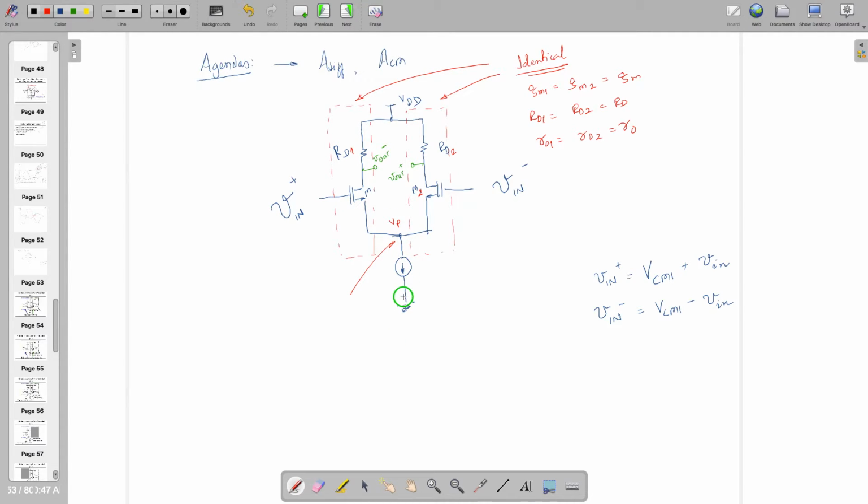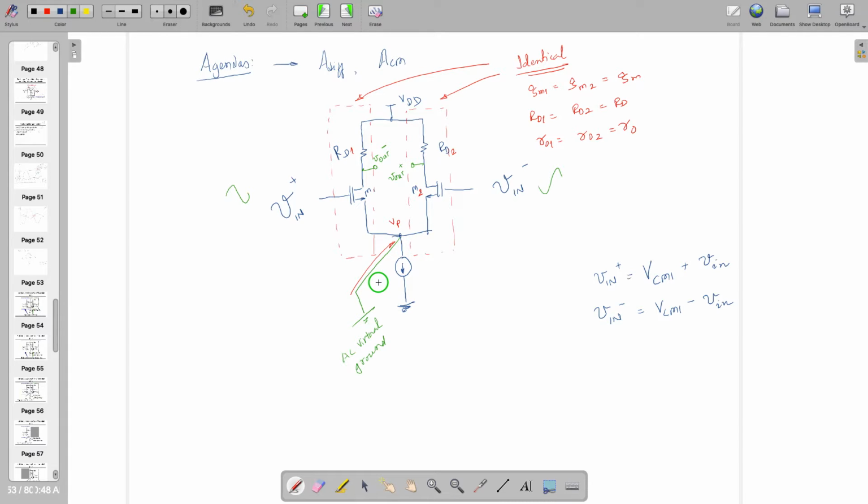No matter what I'm connecting here, it's going to be at ground, which we are calling the AC virtual ground. And this happens when there are differential signals, where one side is plus V and one side is minus V, or the 180 degree phase shifted signals. Otherwise this is not going to happen.